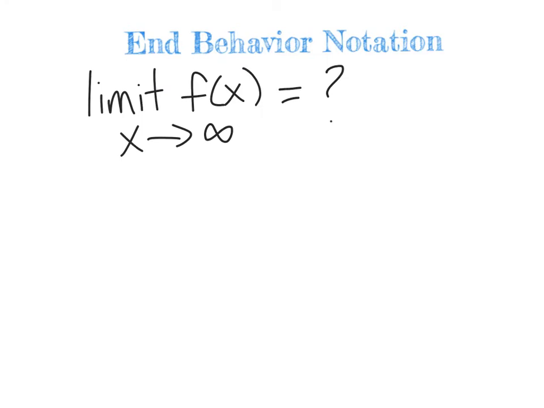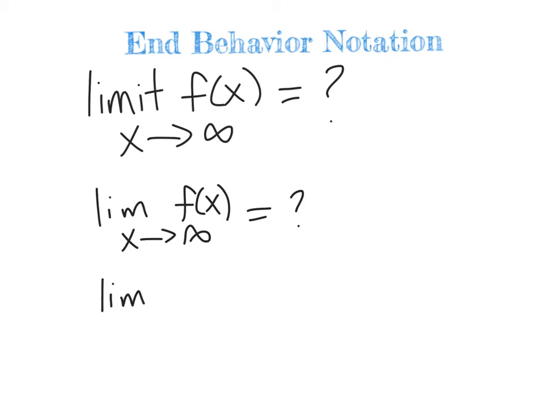Okay? Now, in shorthand, we're going to be writing it like this. LIM for limit as x approaches positive infinity for the specific function. We're describing where it is going to go. Or even what is the limit of a function as x goes towards the left, the negative infinity.